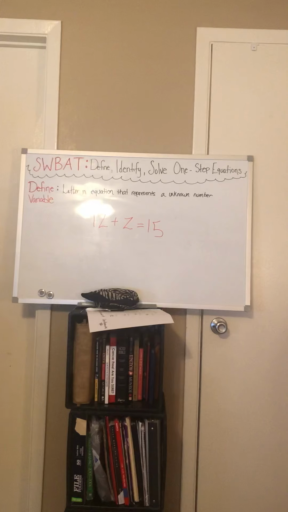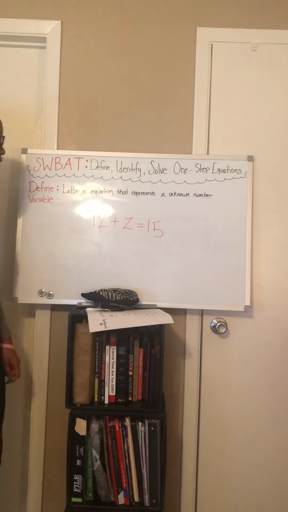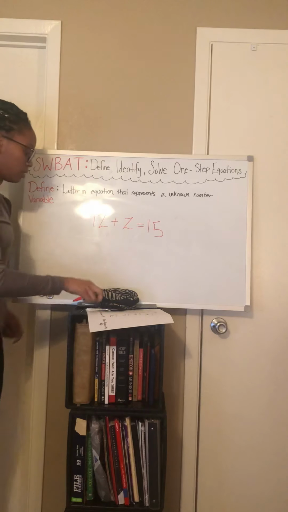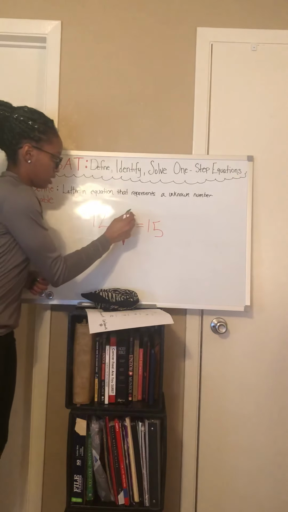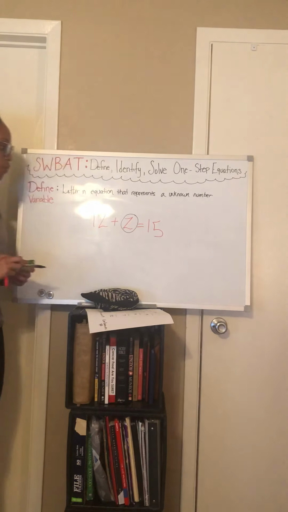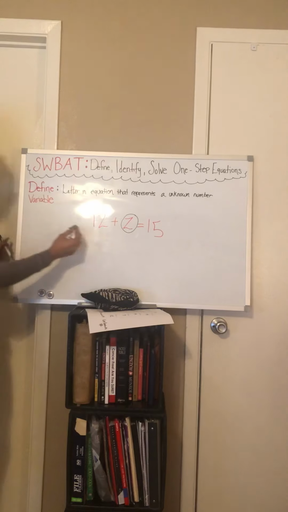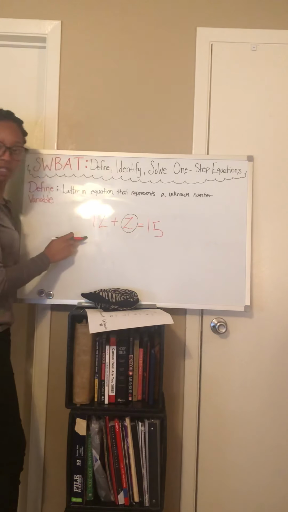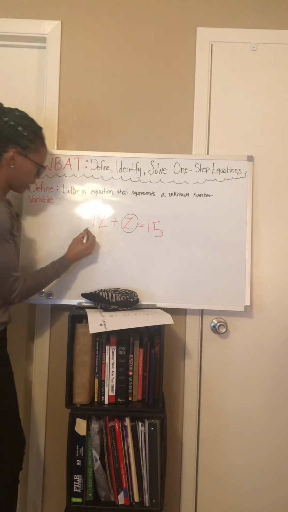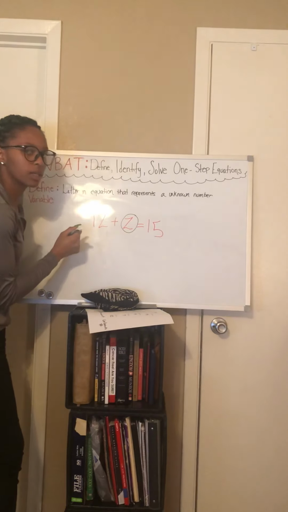Okay, so Denise, can you tell me what was your variable for your equation? You said z. Good deal. And what did you do next so that you can find the value of z? Correct, you subtracted 12. And why did you do that?